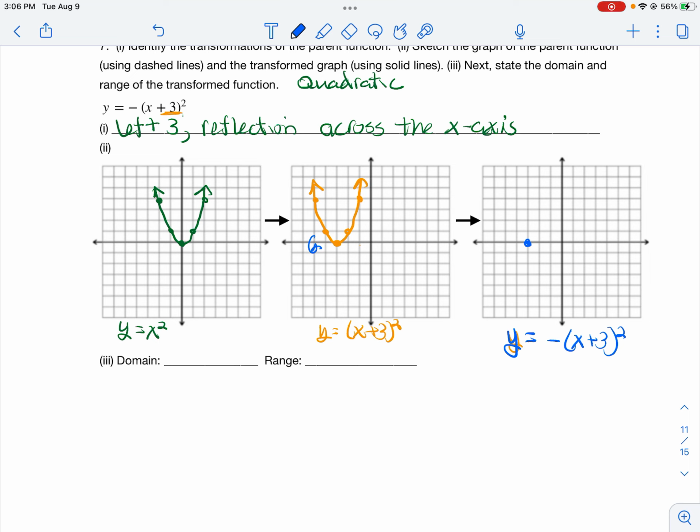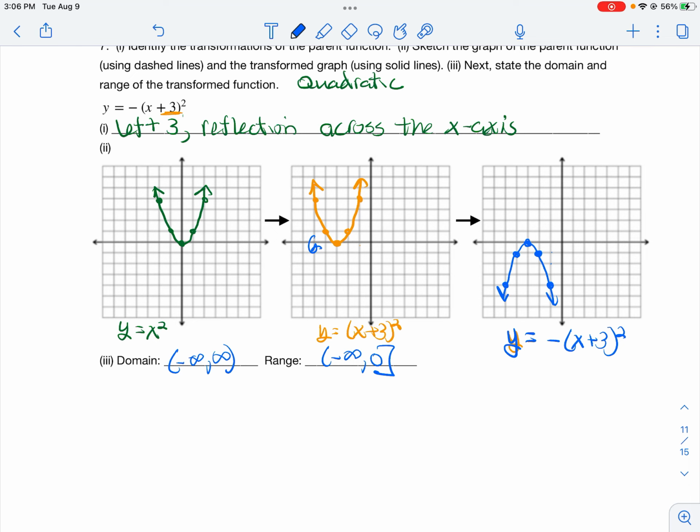And so I had gone over 1 up 1, so now I'm going to go over 1 down 1, over 2 down 4. Back 1, down 1, back 2, down 4. And that is the graph of my function. My domain is all real numbers, but the range, on the other hand, is from negative infinity to 0, including the 0.